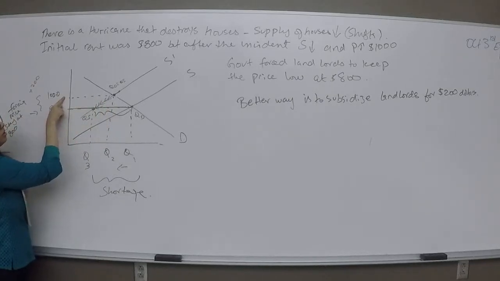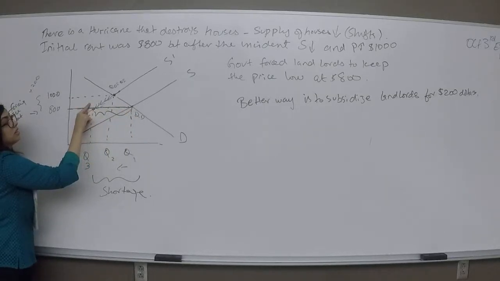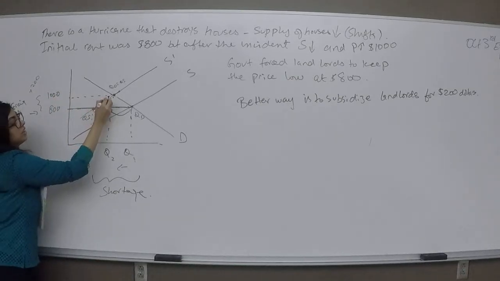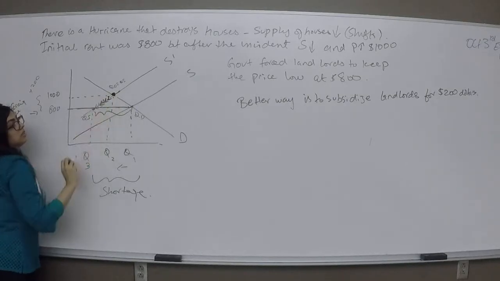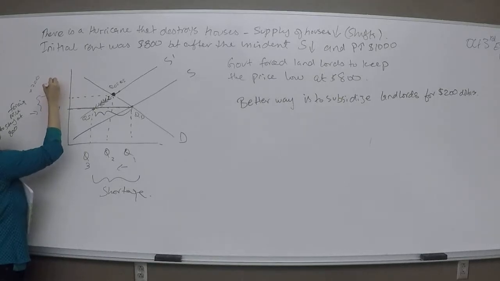But at 1,000, they're still paying 800, but the suppliers are getting 1,000. It's not going down, it's staying at this price. So we're keeping this price artificially 800.